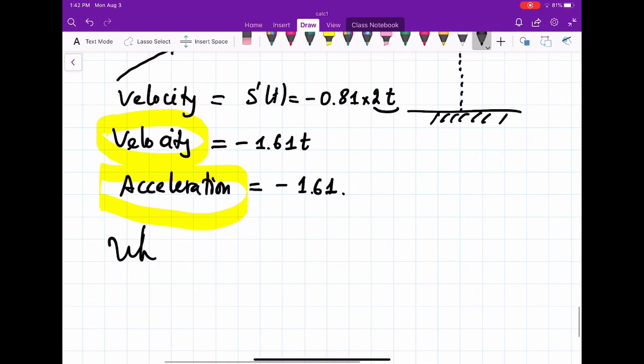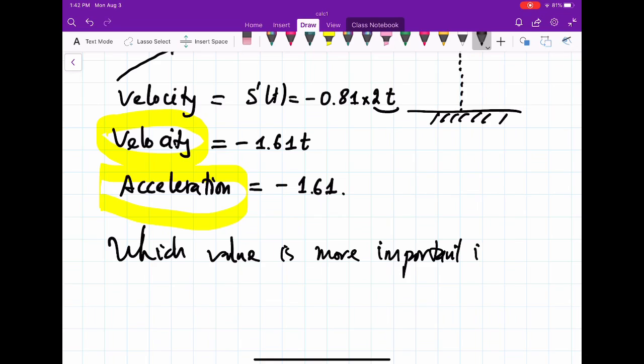Okay, I write here: which value is more important in sport? Suppose that you are a sportsman, and people are talking about the velocity of your movement and the acceleration of your movement. So which one is more important? Okay, let's think about that.